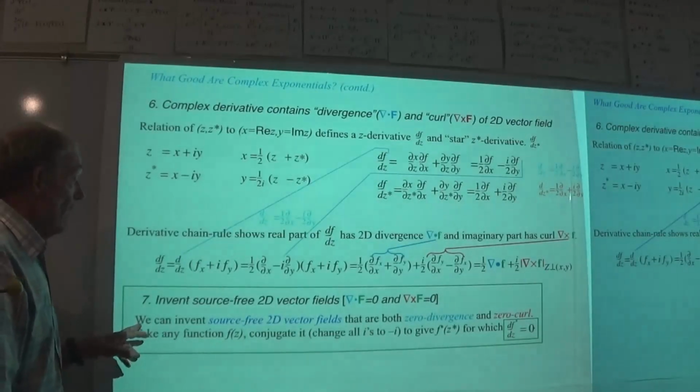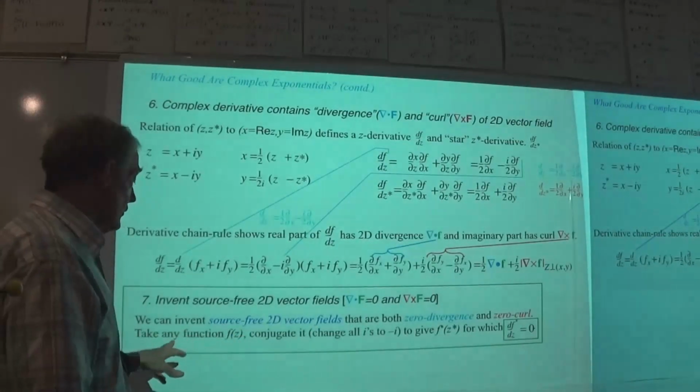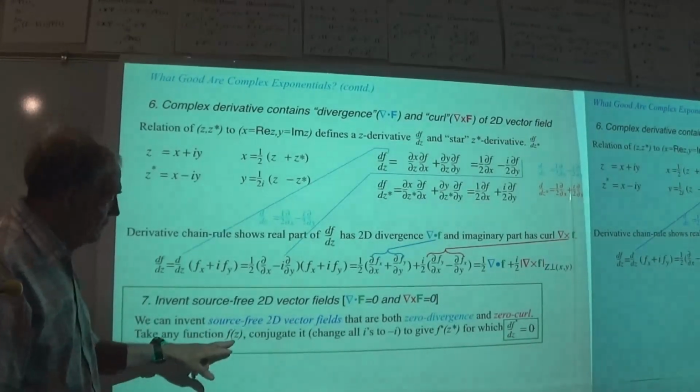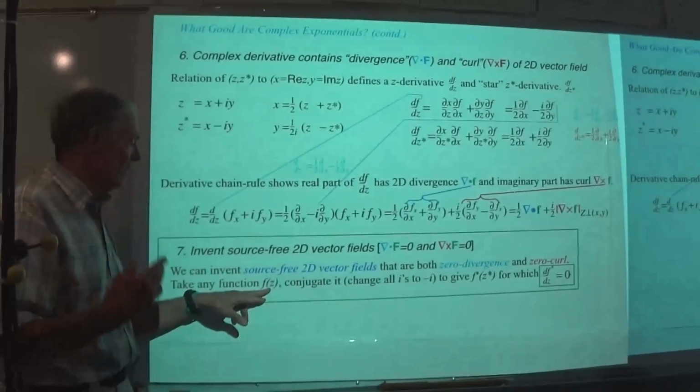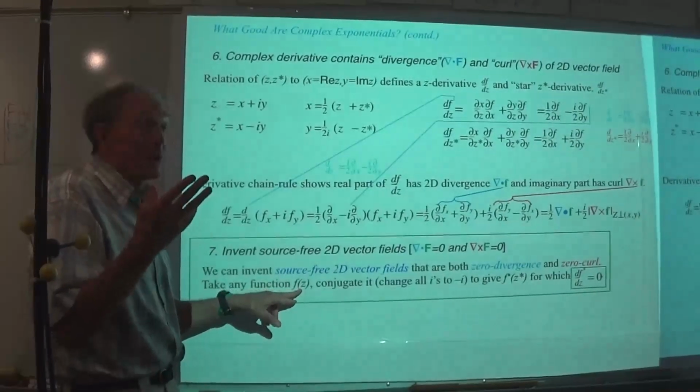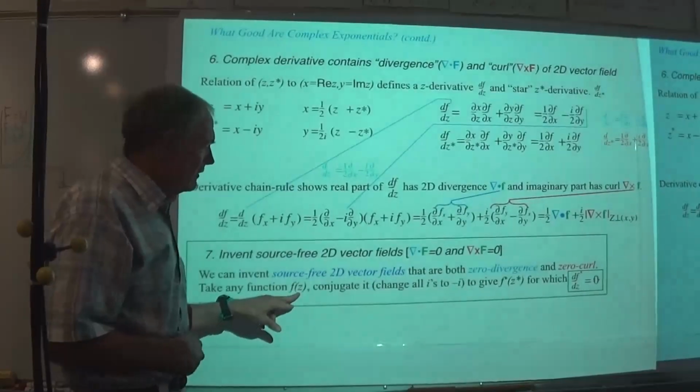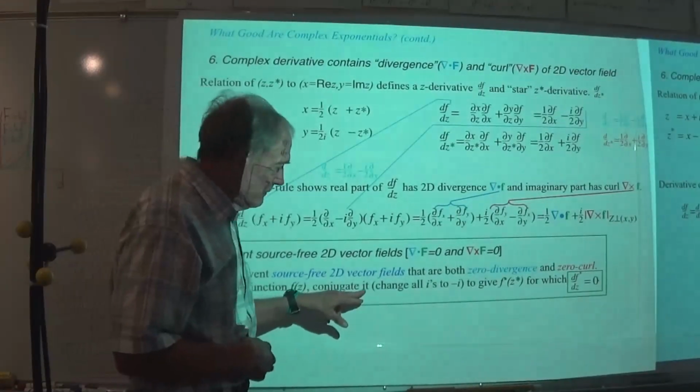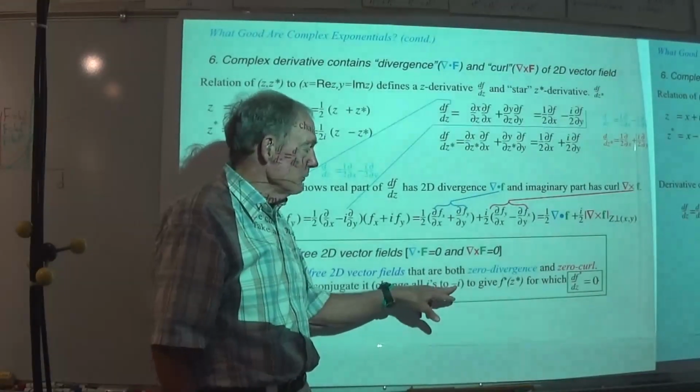Okay, so we invent these fields simply by taking any function you can think of: z squared, z to the first power. Z to the first power is already an interesting field. Okay, conjugate it, that is, change i's to -i.